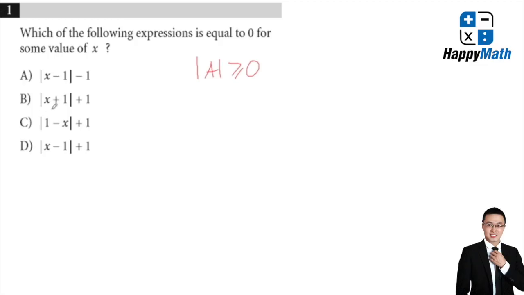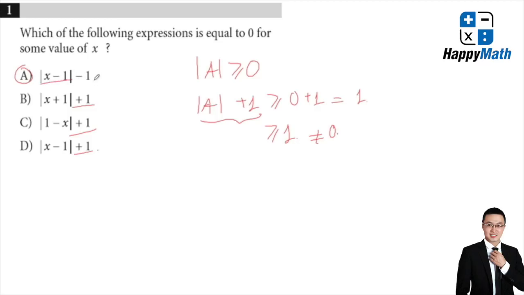For options B, C and D, the absolute value plus 1 means I add 1 to both sides of this inequality. 0 plus 1 equals 1. So the left-hand side of this inequality is always greater than or equal to 1, so it cannot be equal to 0.